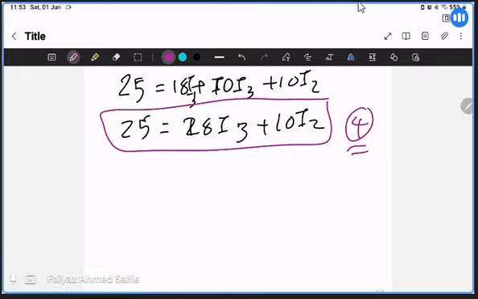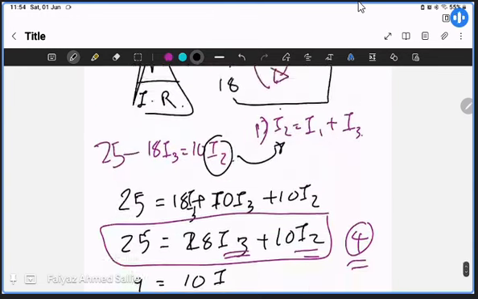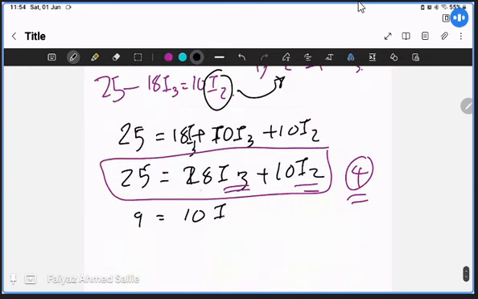So now we're going to have to solve for our currents, right? So we have 25 and we have 9 equals 10 I3 plus 22 I1.